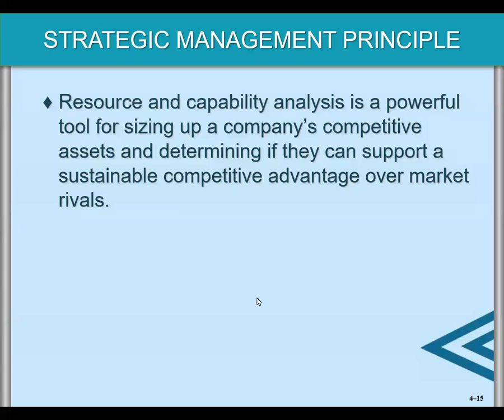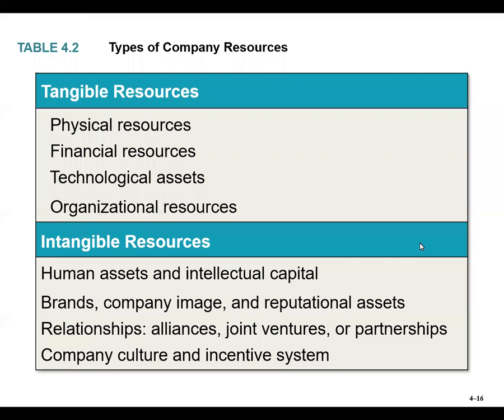We have several types of resources: tangible resources and intangible resources. Tangible resources are physical resources, like land and equipment. Depending on the kind of equipment, if it's related to technology, then it's a technological asset.